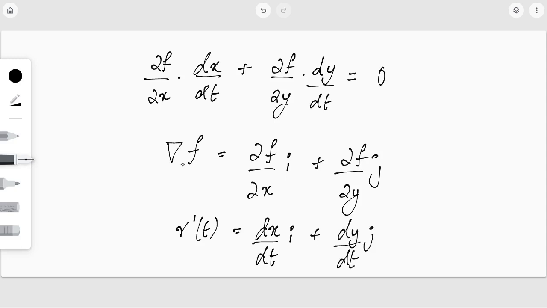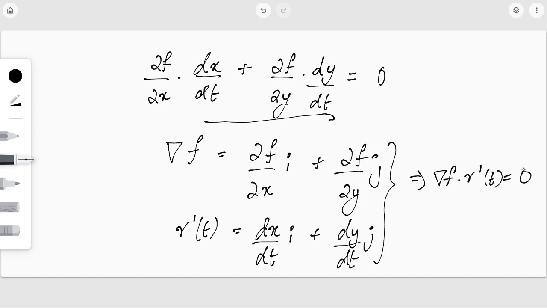If we take the dot product of grad f and r dash of t, we get precisely this expression. So combining these two, we obtain that grad f dot r dash of t is equal to 0. We will substitute this; this side of the equation can be considered as grad f dot r dash of t.